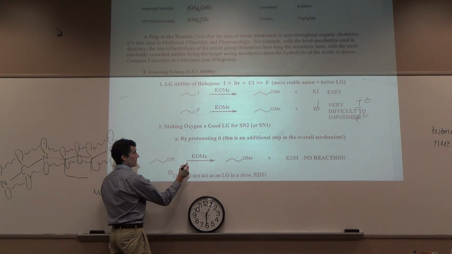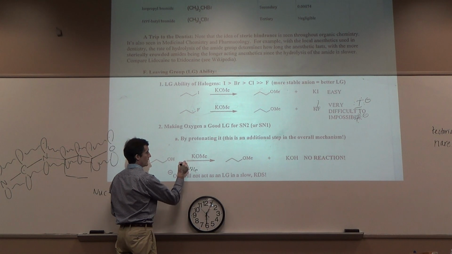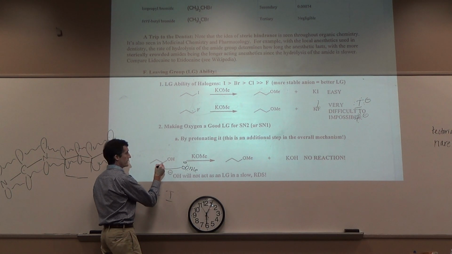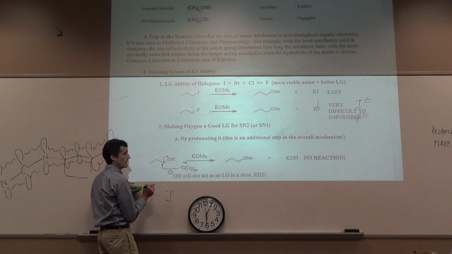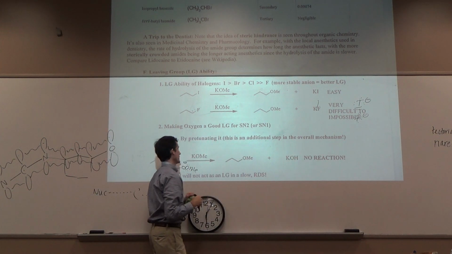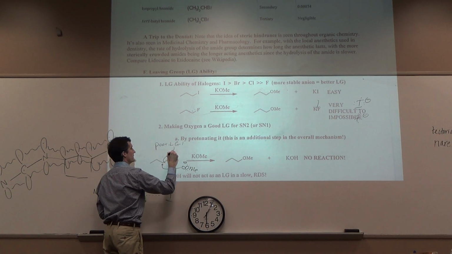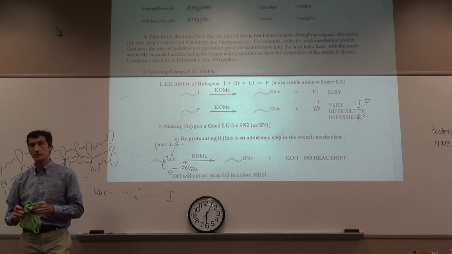You take this alcohol and react it with OMe minus. I'm going to come in here and kick off this hydroxide, replace it with an OMe. That's not going to react. This is a poor LG, poor leaving group.